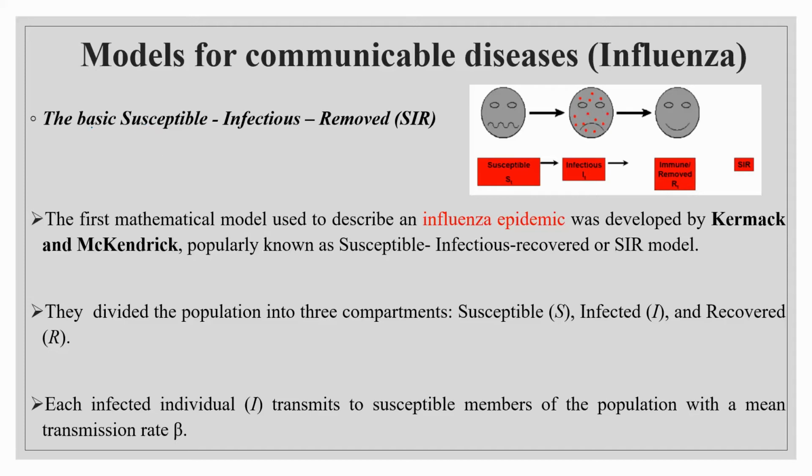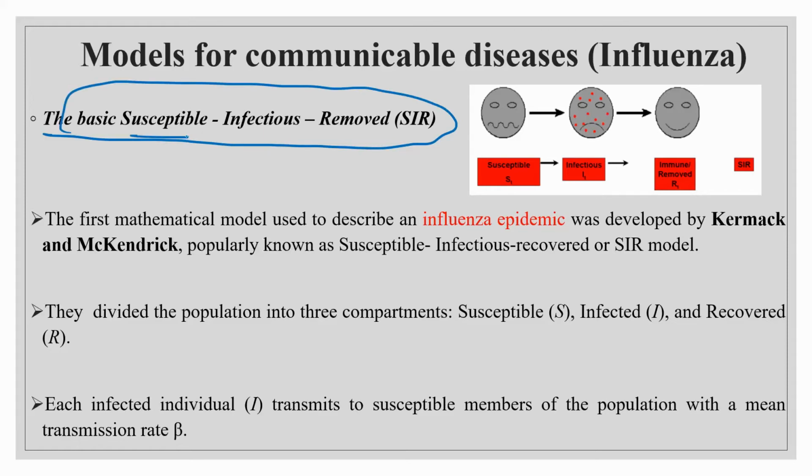So we will start with the basic SIR model, that is susceptible, infected and removed. This model was developed by Kermack and McKendrick for the influenza epidemic, and in this model they divided the population into three compartments. What are these three compartments?